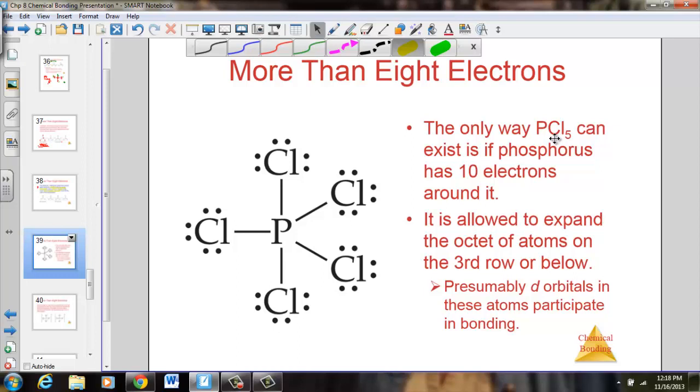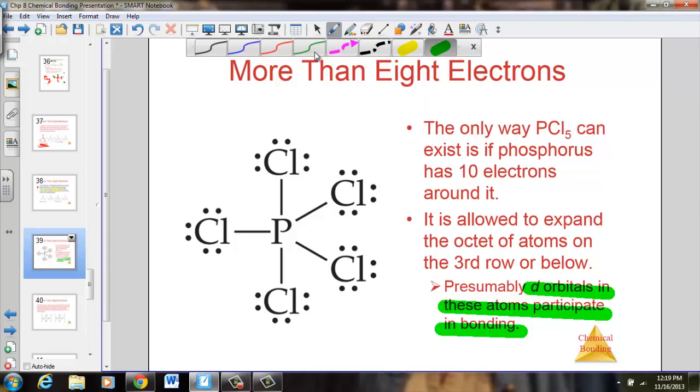Presumably, the only way phosphorus can attach 5 ligands around it is to expand the octet. Now, when this occurs, we have to have some room in the d orbital to expand the octet. And this is one of those cases where the d orbital actually becomes part of the electrons that are involved in bonding.